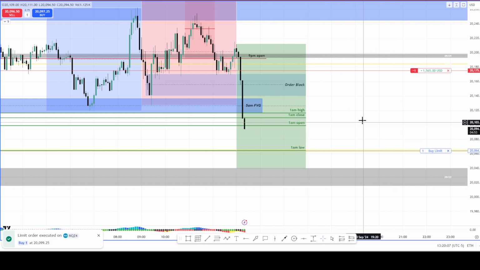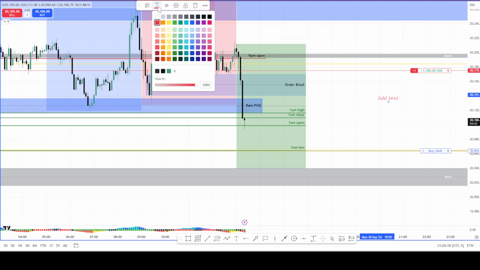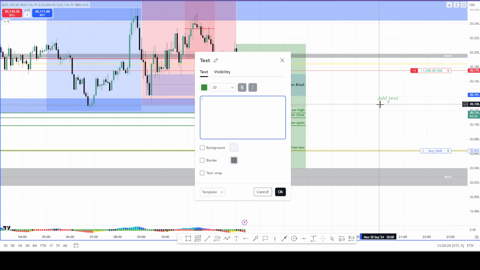We love that. Let's put it in green for this 1 a.m. candle that did a good job. Time delivering to time.